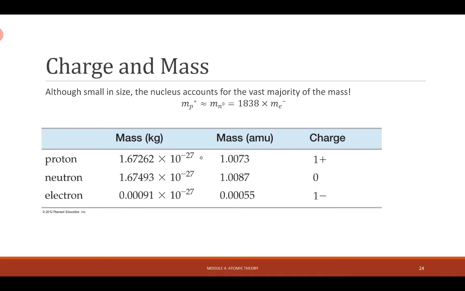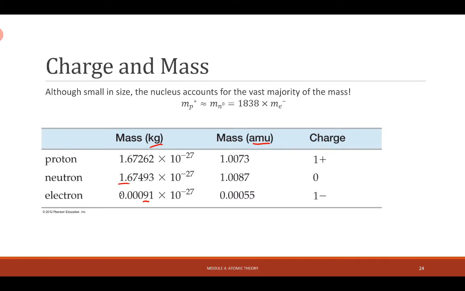So this table summarizes the mass of each subatomic particle, the mass in grams and the mass in atomic mass units, and their fundamental charge. And you can see that the masses in kilograms are all written with the power of 10 to the minus 27, so that you can compare how much mass the proton and neutron contribute to the mass of an atom compared to the mass of an electron.